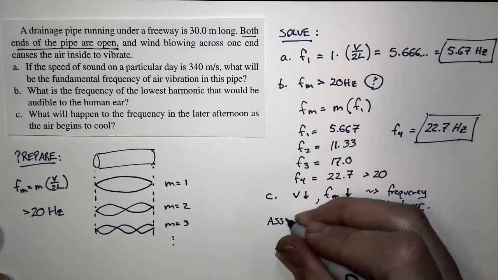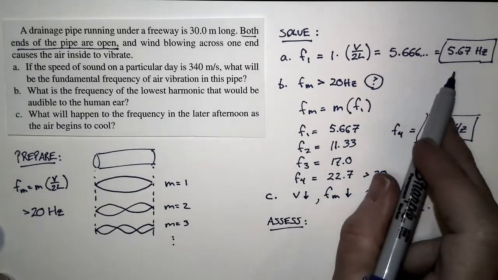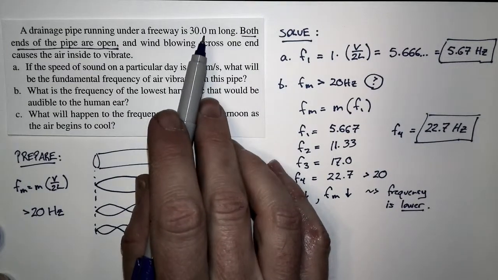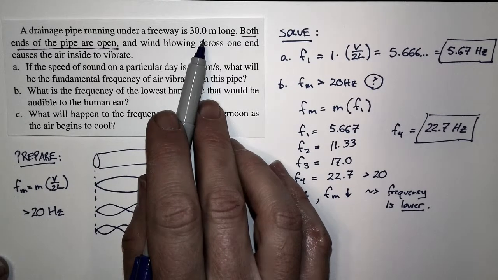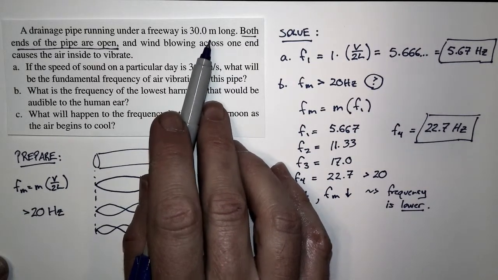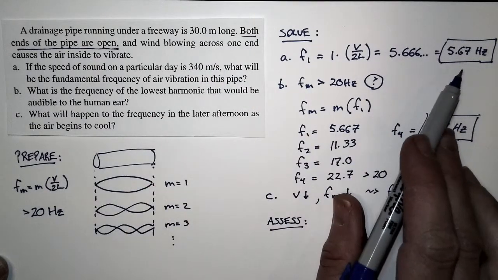Finally, let's take a look at our results and see if this makes sense. The frequencies are quite low, but the tube is quite long. When we've seen problems having to do with organ pipes, and we looked at resonances for other kinds of tubes, the lengths for things that produce audible sounds are significantly less than this. So expect something less than the frequency your ears can hear.